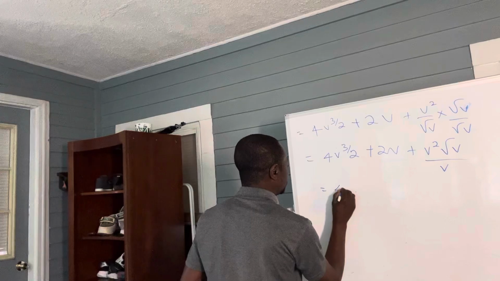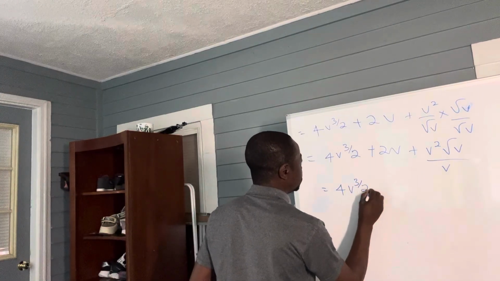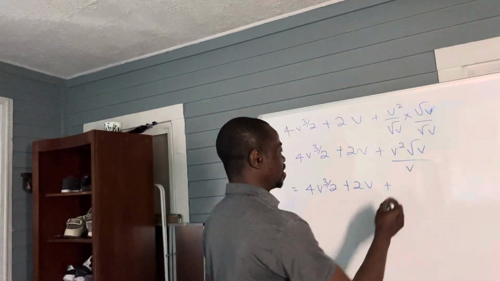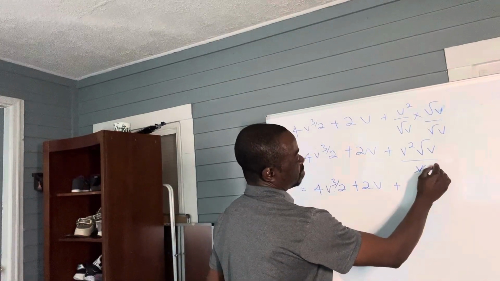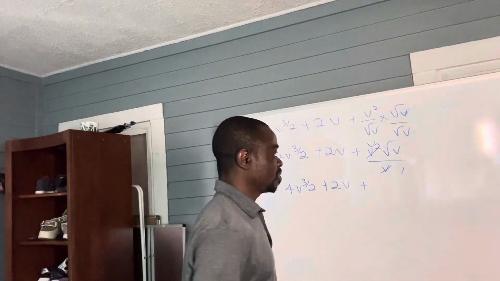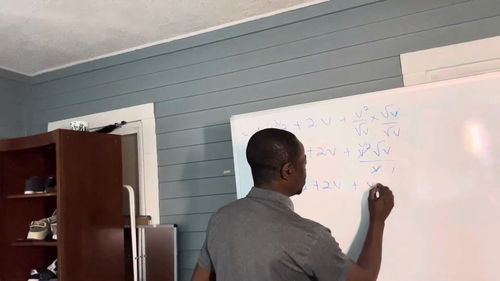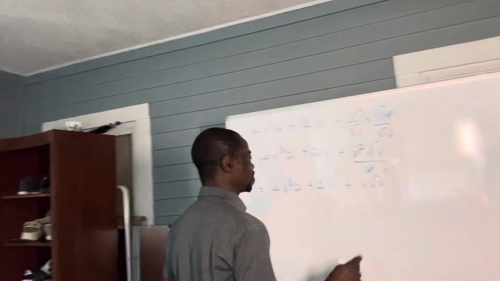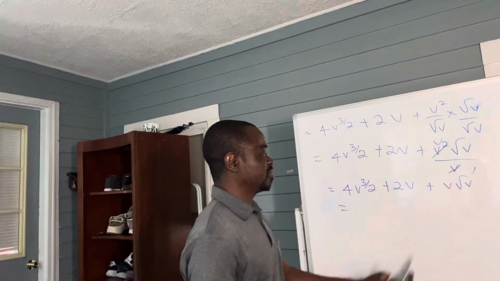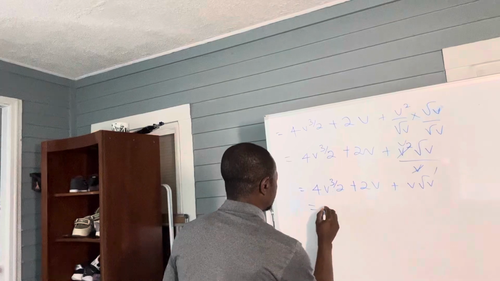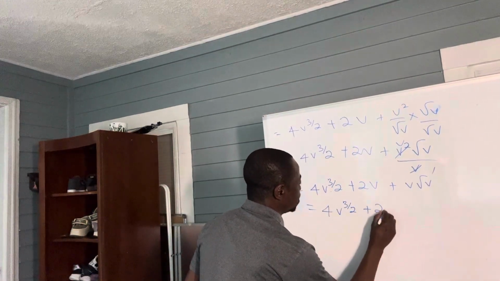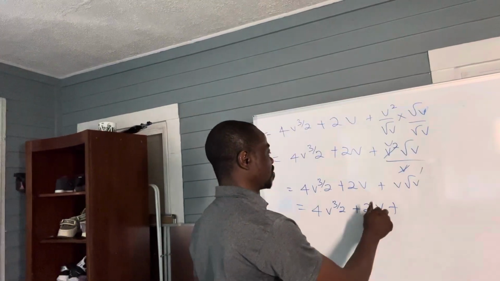So we have 4v to the power 3 over 2 plus 2v, and this is plus. v can go into v squared, v over v gives 1, and v squared over v gives us v. So you have v square root of v. You can still simplify it. 4v to the power 3 over 2 plus 2v, this is plus v root v.